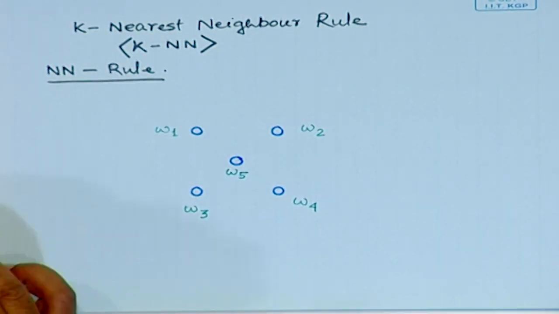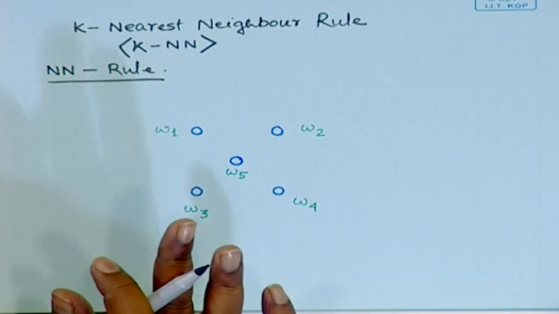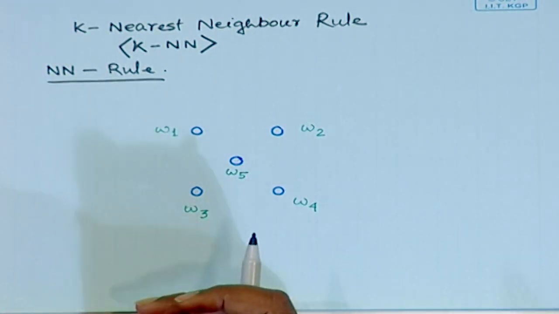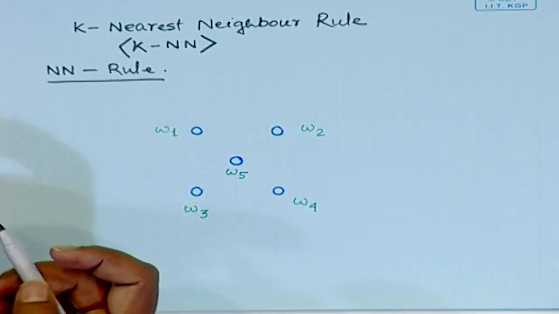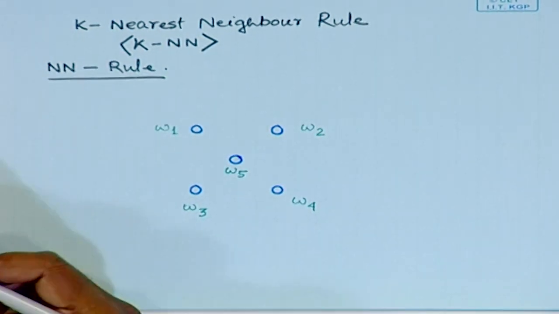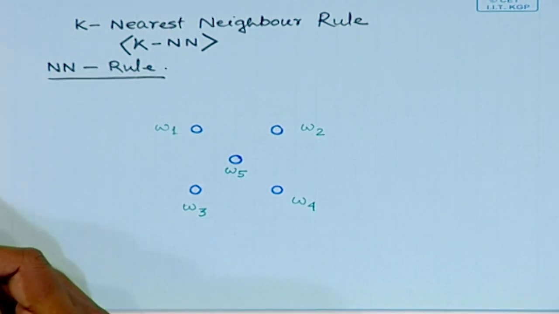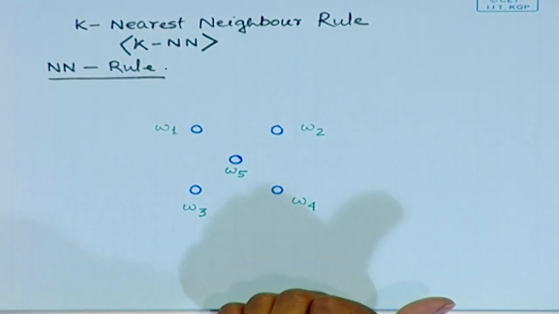Now, following the nearest neighbor rule, I want to find out the decision boundary which separates all these different classes. Whenever I go for the nearest neighbor rule, the nearest neighbor classifier is nothing but a minimum distance classifier, because for the class to which I am classifying this unknown sample, I have one sample from that class whose distance from the unknown sample is minimum.